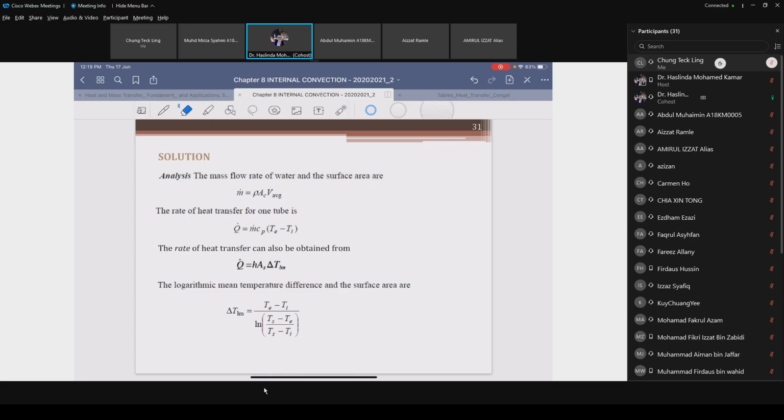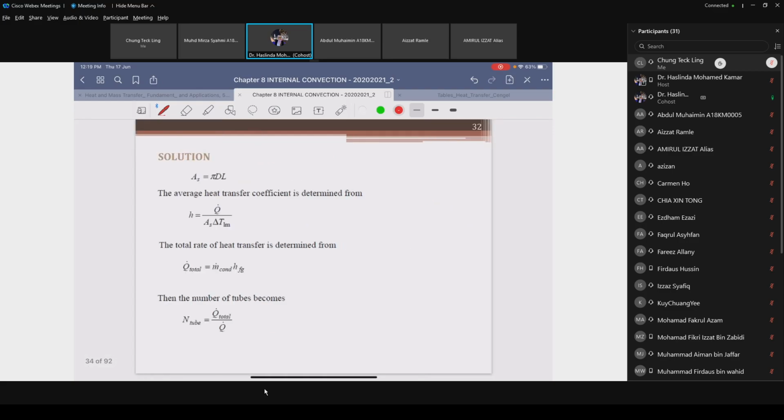First, you should do this. This is the first thing you should calculate, then this is the second, this is the third, this is the fourth, and this is the fifth. And finally, you get the h. Can you see that?